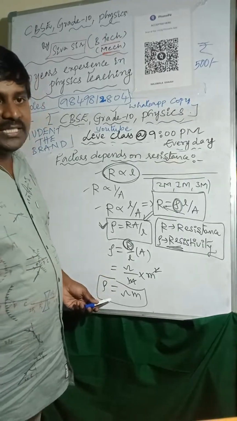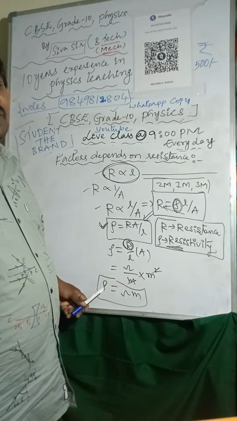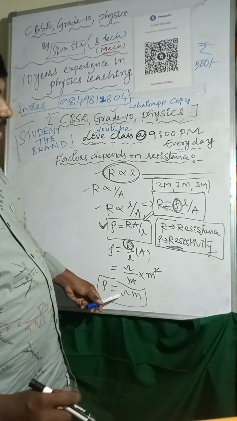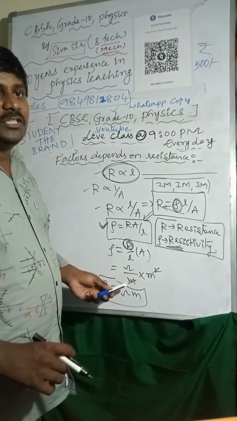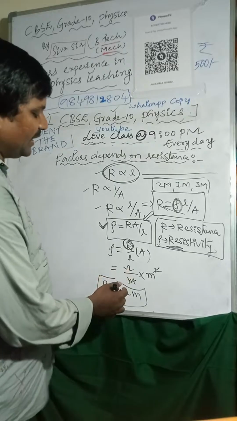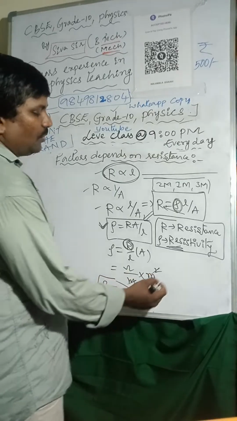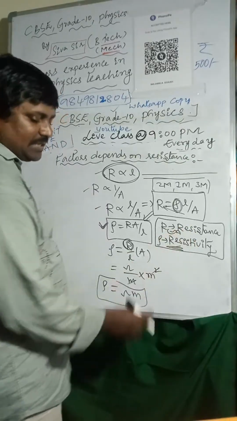For the SI unit of resistivity, by seeing the unit only you have to identify which quantity they have given. Here they have given resistivity, so the SI unit of resistivity is ohm meter. The SI unit of resistance is ohm.